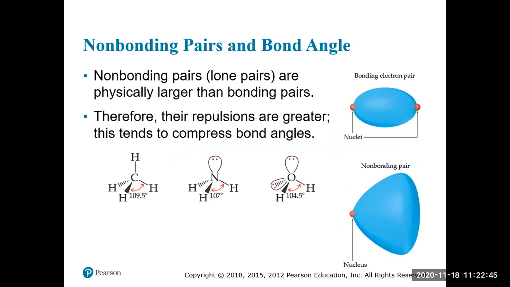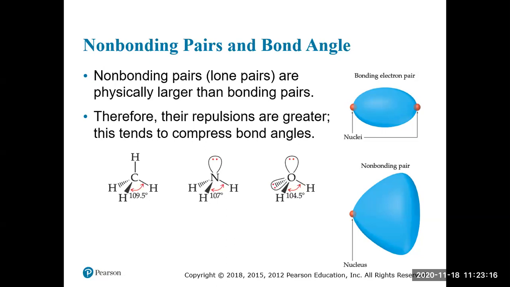One thing I want to mention when we talk about those lone pairs of electrons is that they're larger than the bonding pairs in terms of the space that they take up. The other thing is that because of that size, you do get a little more repulsion than you do with the bonding electrons. And what that does is it tends to change the other bond angles a bit. So it will decrease those other bond angles.